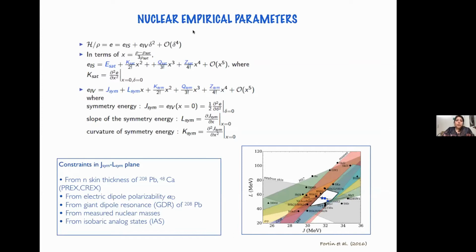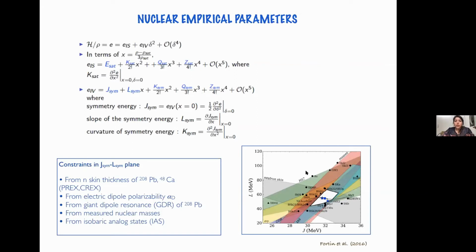You can see that there are various parameters, and these empirical parameters can be measured or derived from nuclear experiments. For example, the saturation energy, the energy per particle at saturation, is quite well known from nuclear experiments. The compressibility is fairly well known as well. But as you go to higher and higher terms, the uncertainties become larger and larger, and the same goes for the asymmetry.